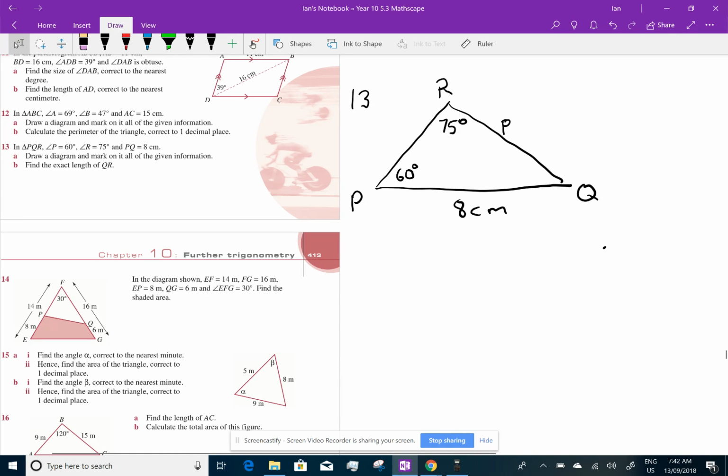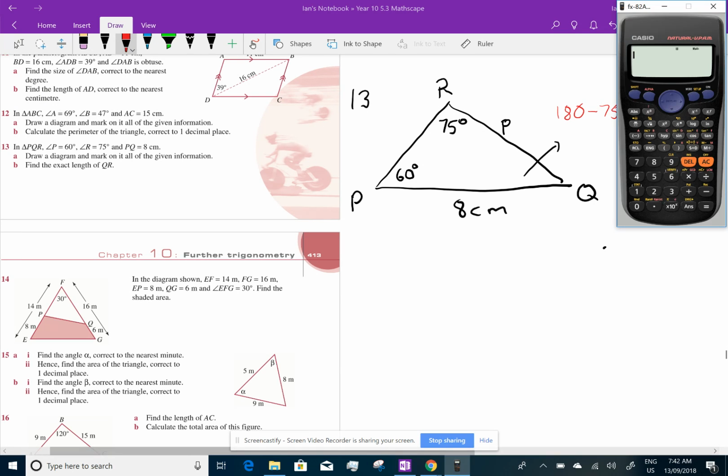I'm looking at the answer and it does give me an exact length. Unless, of course, I work this out, 180 minus 75 minus 65. I'll pull out my trusty calculator. 180 minus 75 minus 65 gives me 40.